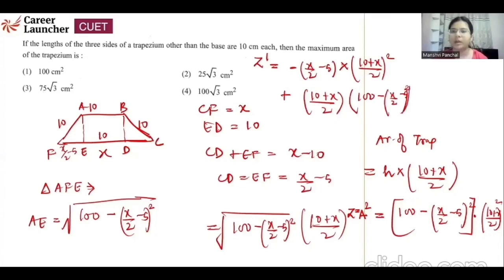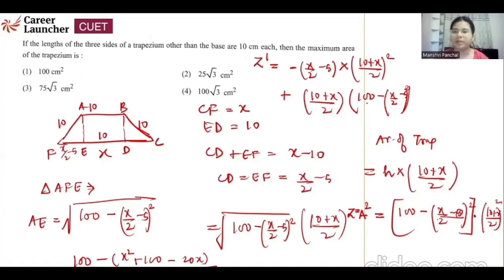Now I will take 10 plus x by 2 common. So you will get 100 minus, let's open this. If I take the LCM, this will become (x minus 10) whole squared, so x squared plus 100 minus 20x upon 4.